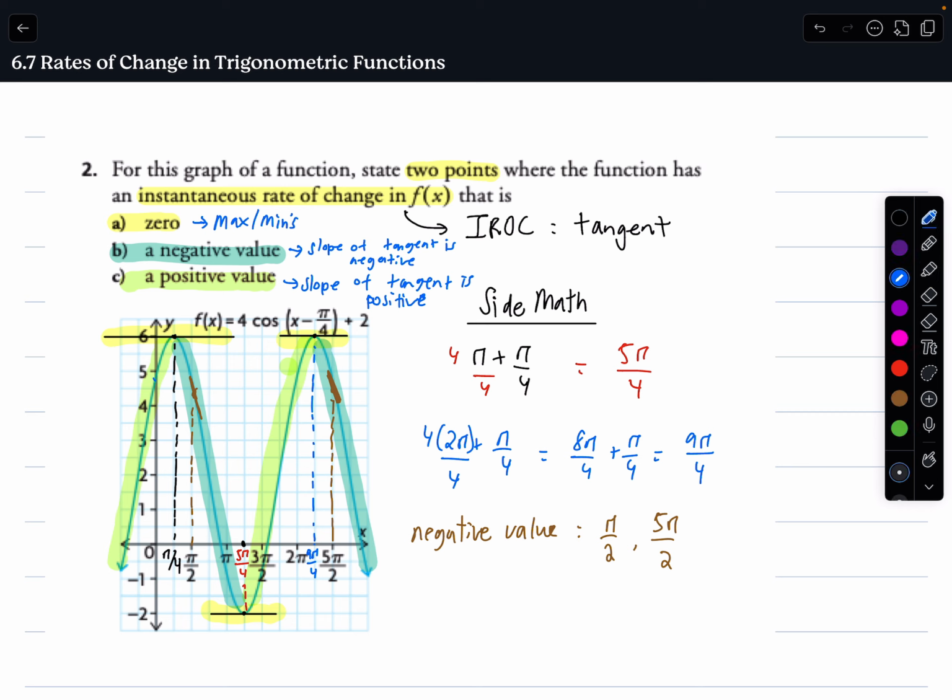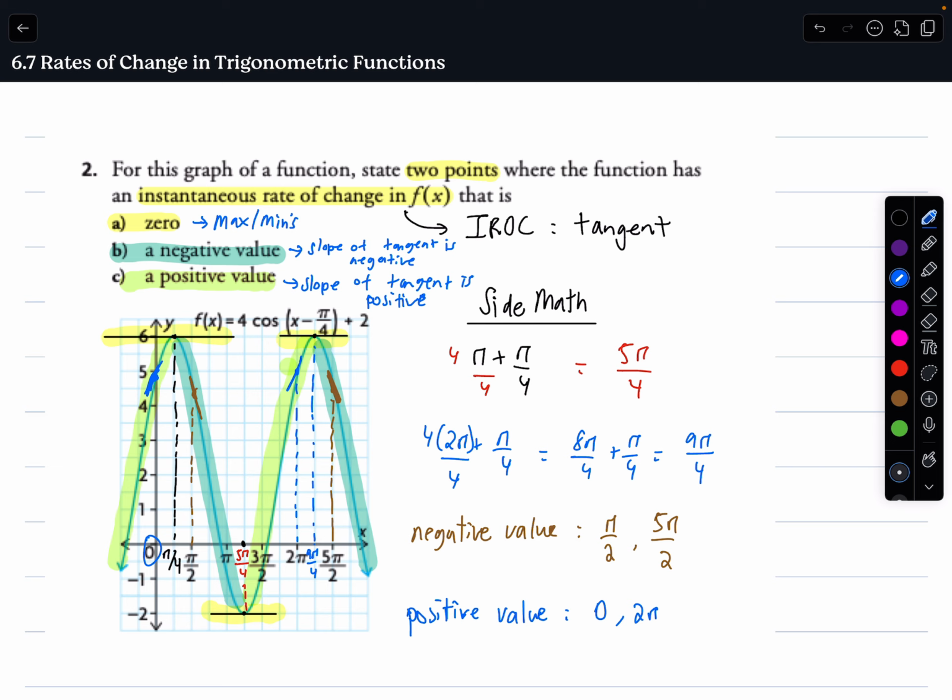So I know over here I'm just going to quickly take this, and that obviously happens at 0. And then I'll also take this right here, which happens at 2 pi. And that's how you do the question.